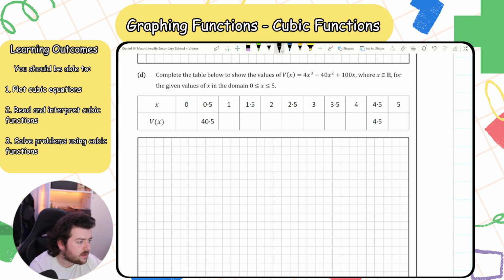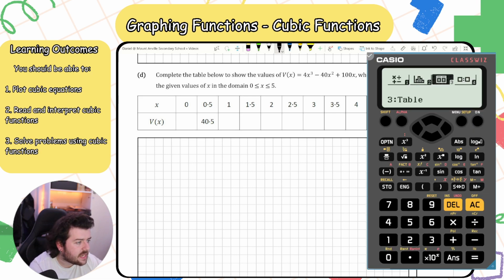Open up a calculator, table. Type in my function, 4x cubed minus 40x squared plus 100x. I'm starting at 0 and finishing at 5.